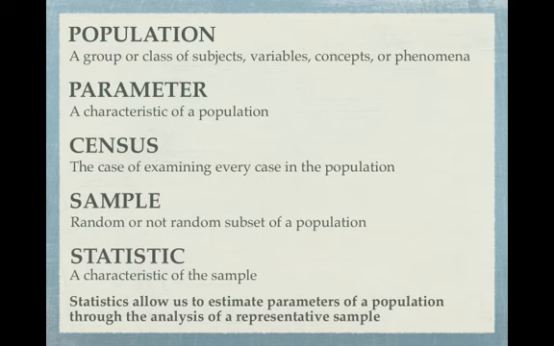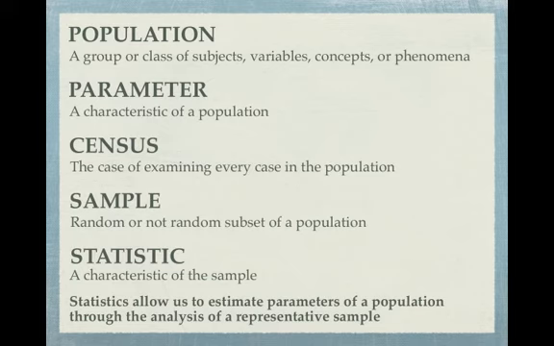I know you've read this, but I just wanted to go over some of the definitions and how we differentiate between population, census, and sample and other terms. So a population is a group or class of subjects, variables, concepts, or phenomena. So a population could be the citizens of the United States, or it could be the citizens in the state of Michigan. We set the parameters by which we define the population. So a parameter is a characteristic of the population.